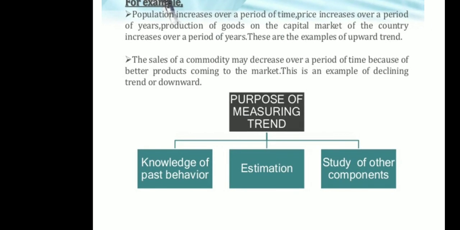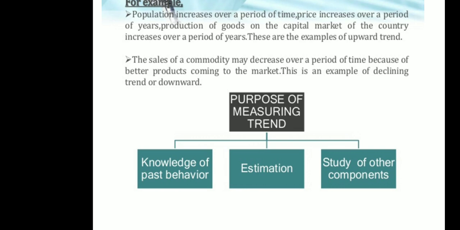You can consider some more examples. Population increases over a period of time, price increases over a period of years, production of goods on the capital market of the country increases over a period of years. These are the examples of upward trend.